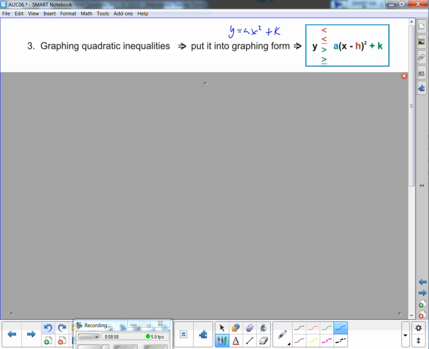And again, less than or equal to, less than, greater than or equal to. Or you could have the even more simplistic y equals ax squared. And again, it's an inequality, so less than or equal to, greater than or equal to. No shift here, right? No horizontal shift, no vertical shift. Vertex is at the origin. So vertex (0, 0), and away you go.